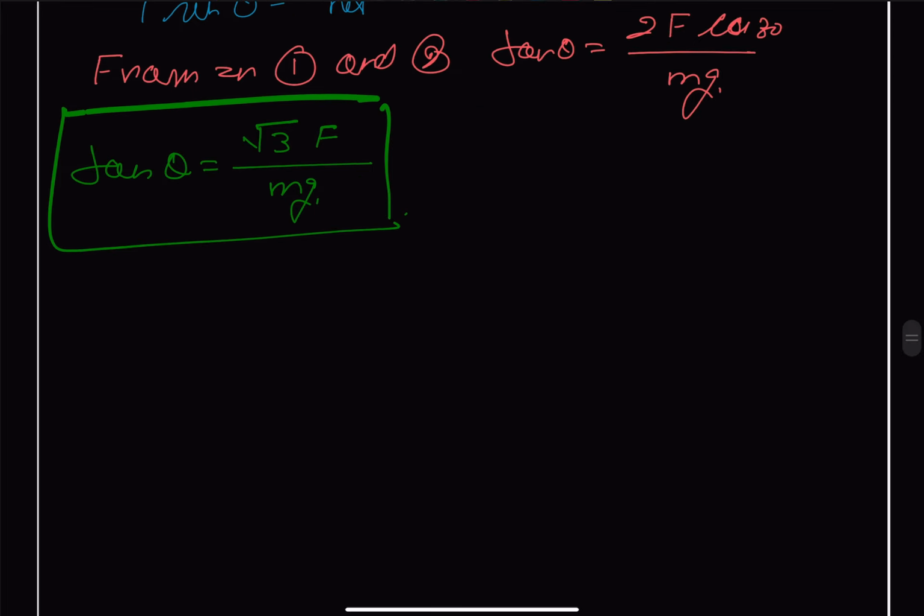And we also know that the force between two charges, force F, is equal to 1 upon 4 pi epsilon naught, and the charges are the same, and the distance between the charges is given as a, that is a square.